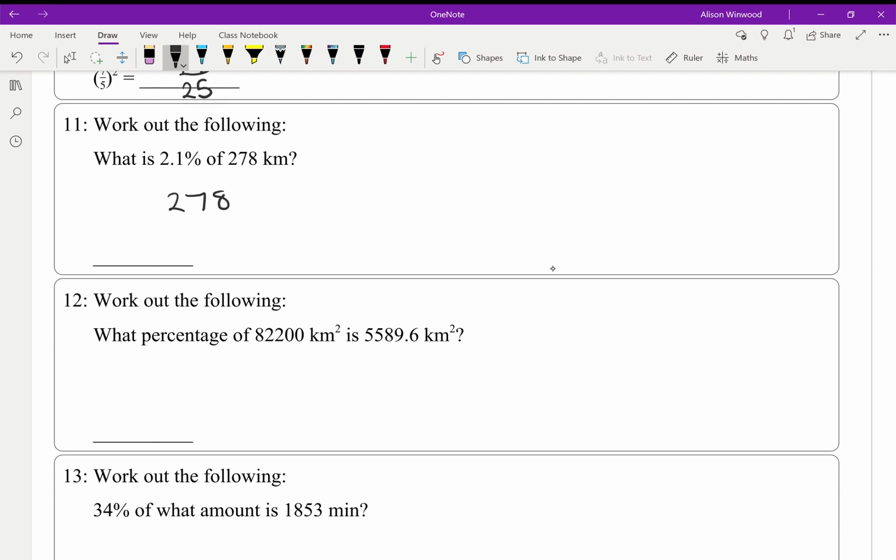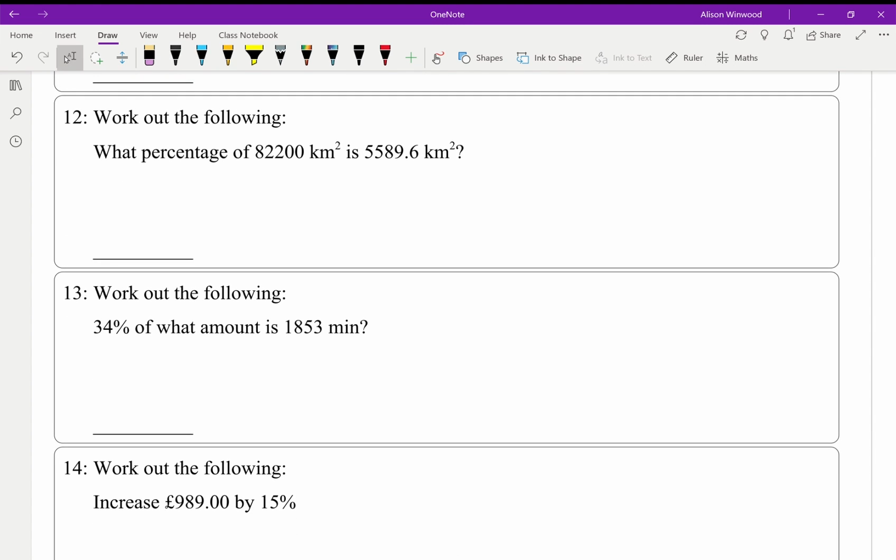Percentages. Convert the percentage into either write it as a fraction over 100 or you could write it as a decimal. This is your test score questions, so it's 5589.6 out of 82,200.